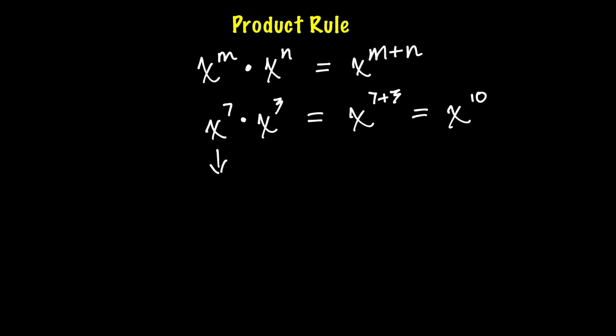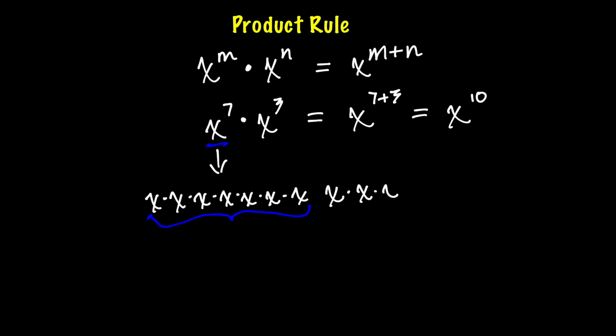X to the 7th, if I were to write this out in factored form, I would write 7 factors of x. So that's 6, there's 7. So here are my 7 factors of x, written right here. Then I would write out 3 factors of x over here.